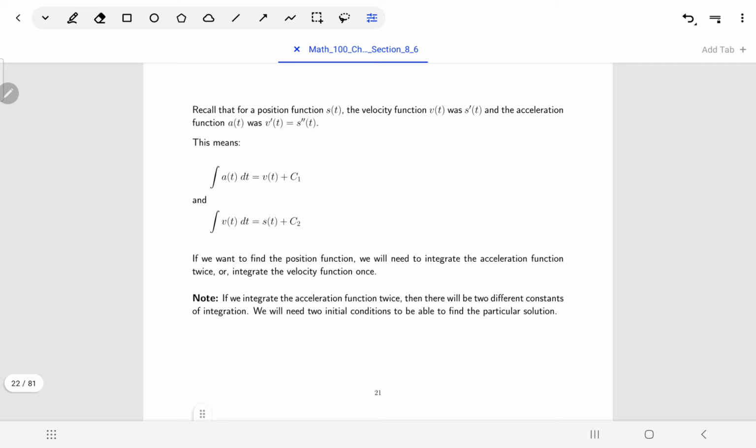That means there's going to be two different constants of integration that are going to show up. That's why for these sorts of problems, when I'm talking about objects in motion, I need to have at least 2 bits of initial information, initial speed, initial position, to help me figure out what these constants need to be.